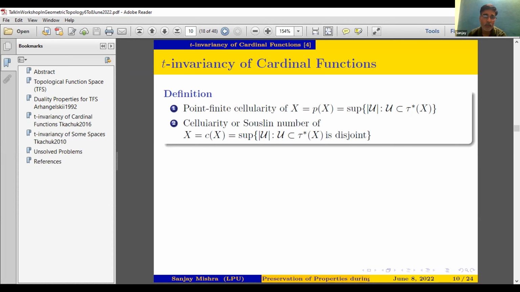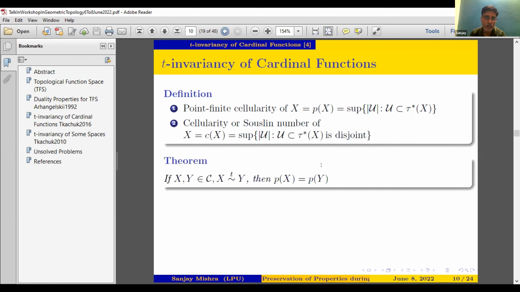And the cellularity, or cellular number, of any topological space X is defined as the supremum of the cardinality of U under the same conditions, but the difference is only that here U is disjoint, meaning all the elements of U are pairwise disjoint.